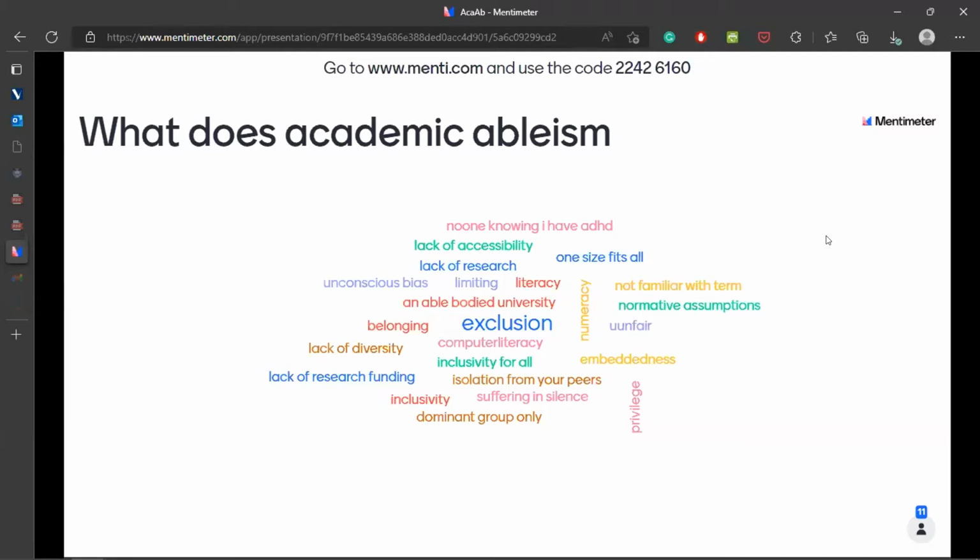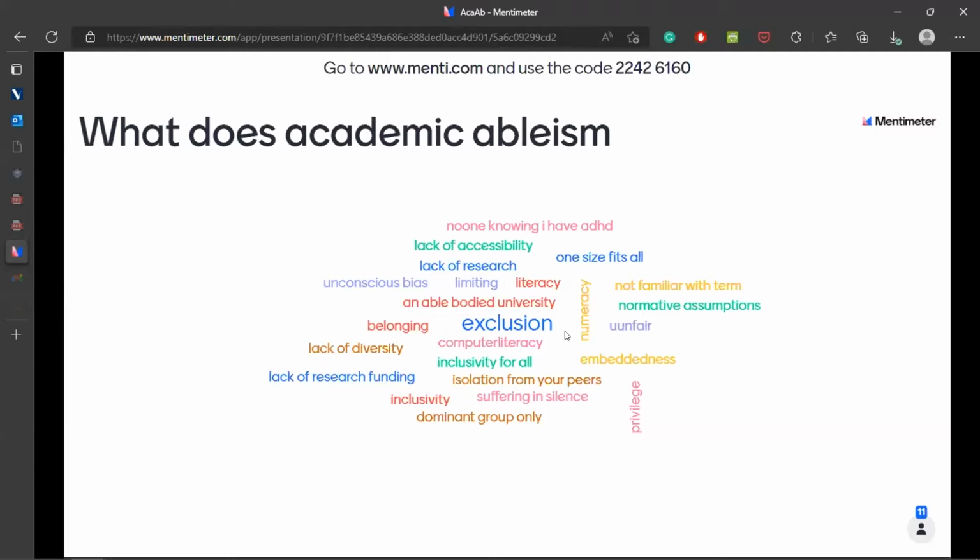So just to repeat, the question was, what does academic ableism mean to me? Some of the responses that came up, because it's a word cloud, the most common word was exclusion.